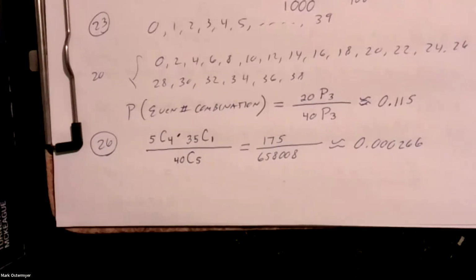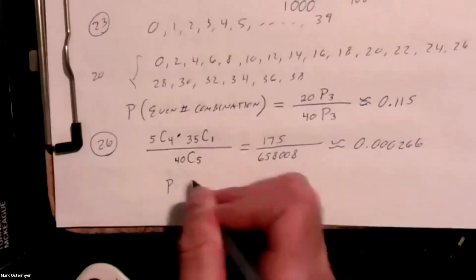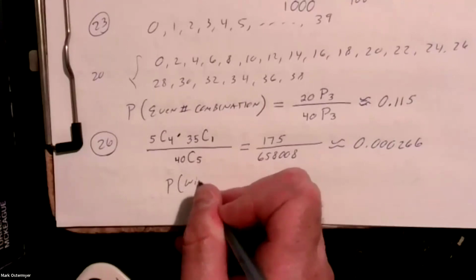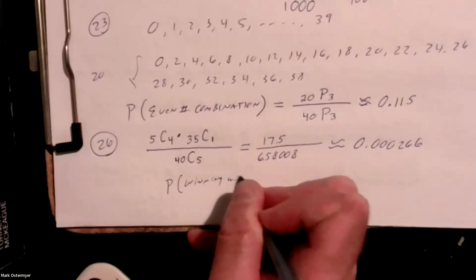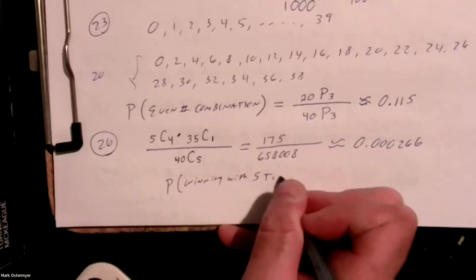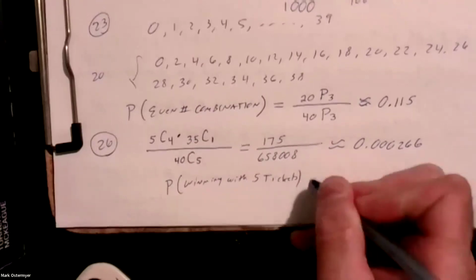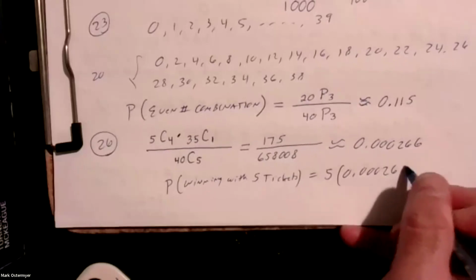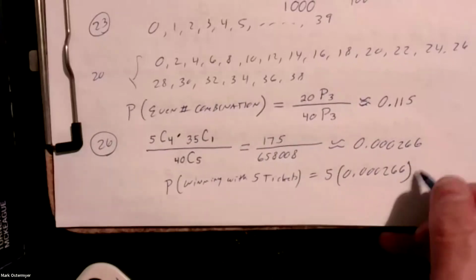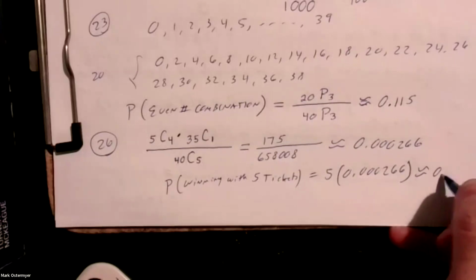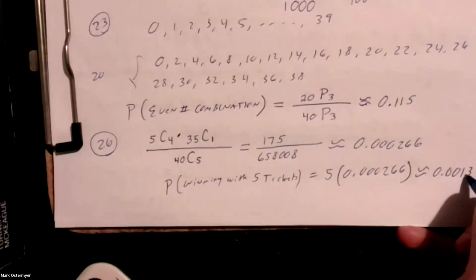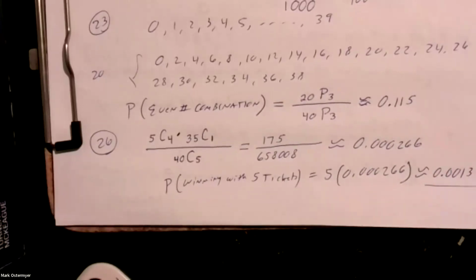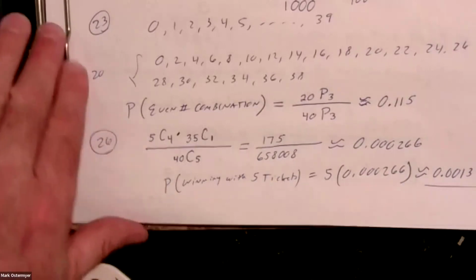Does that enhance your ability to win or not? Well, the probability of winning with 5 tickets is nothing more than 5 times this probability. That only brings your chance of winning up to 0.0013. So that doesn't really help your chances much if you buy 5 tickets.